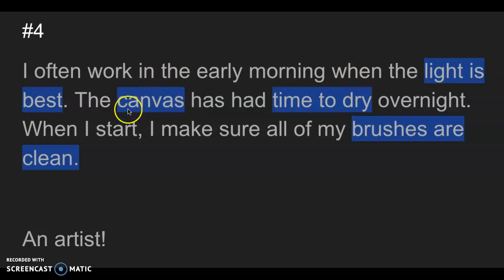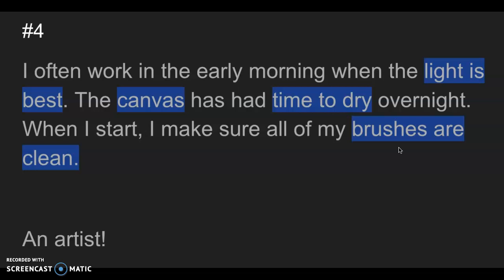Canvas is kind of like a very thick piece of cloth or paper that artists will paint on. And sometimes you paint on multiple days, so you wait for the paint to dry. And another clue is that this person is making sure that all of his brushes are clean.